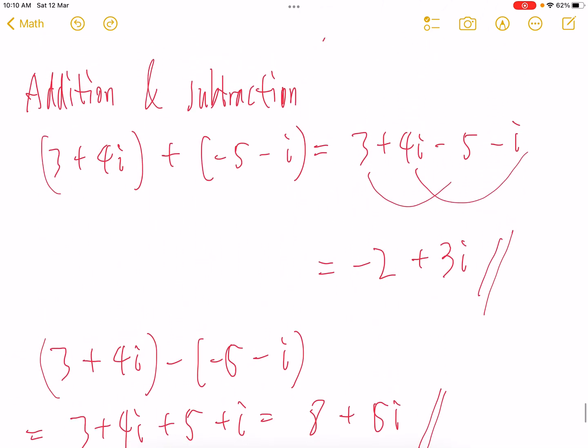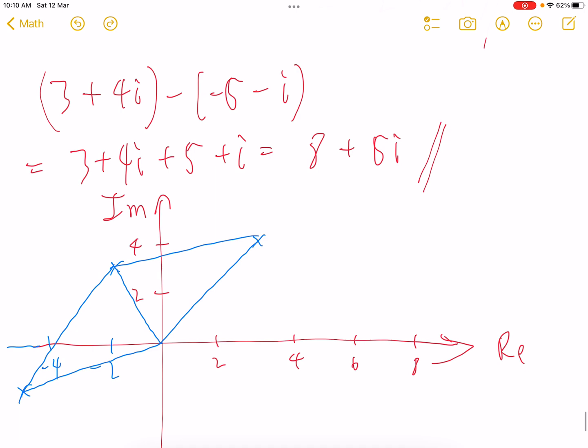As for the minus operation, let's also quickly do it. So 3 plus 4i. Again, it's this point and this point, but when we subtract, we get 8 plus 5i. So it's somewhere here.